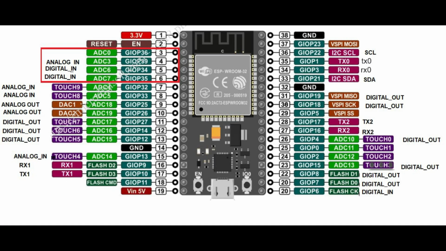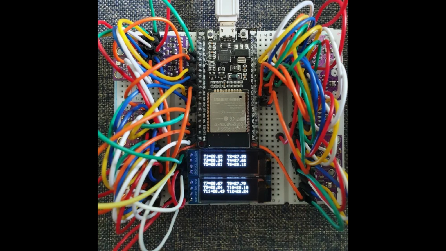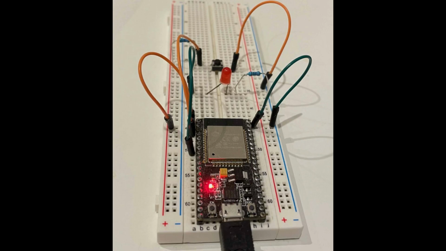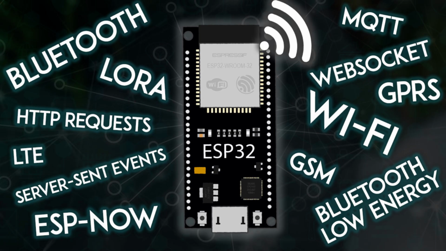Next, the GPIO availability you want to be aware of: how many GPIOs you need, and whether you will be using the maximum number of GPIOs in your application. The next main thing is whether you want communications like Wi-Fi, Bluetooth, LoRa or Zigbee.